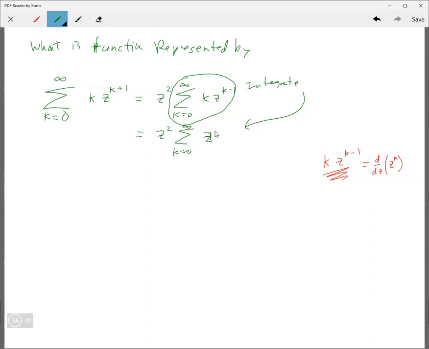And I just get z to the k. But then what's this series right here? Geometric. Yes, that's geometric. So I just get that. Yay.